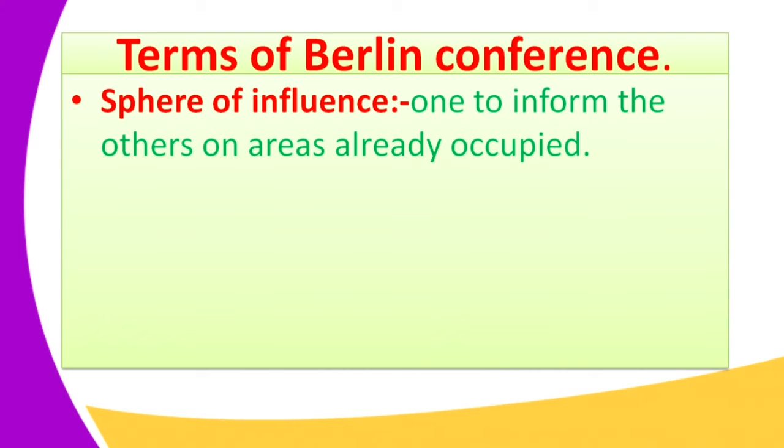After the scramble for colonies in Africa among the European nations, each European nation was supposed to declare the region that they occupied as a sphere of influence. This instruction was to ensure that all the European nations that had an interest in Africa were able to acquire colonies without any disputes occurring.